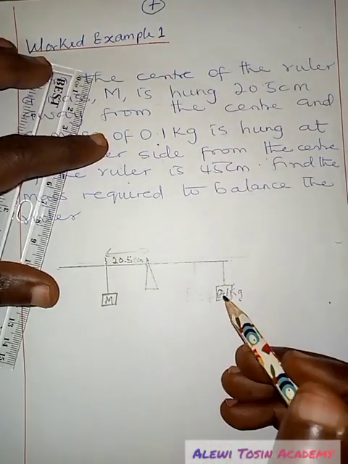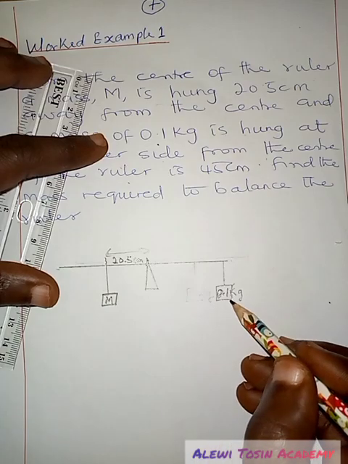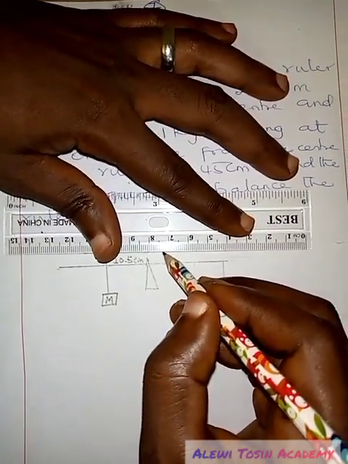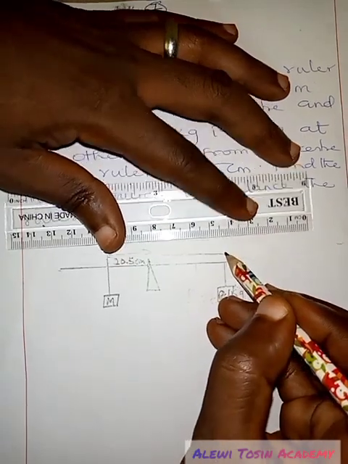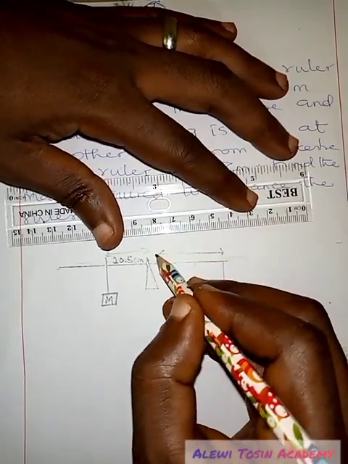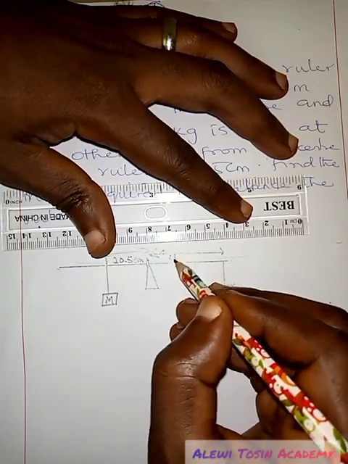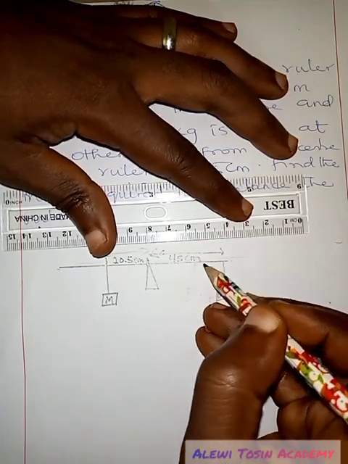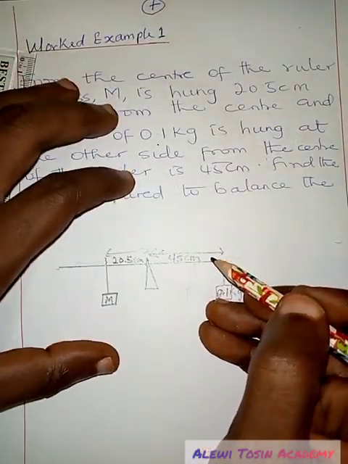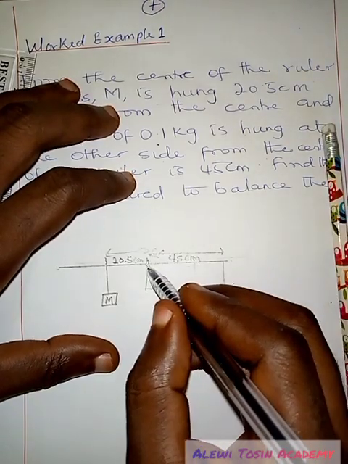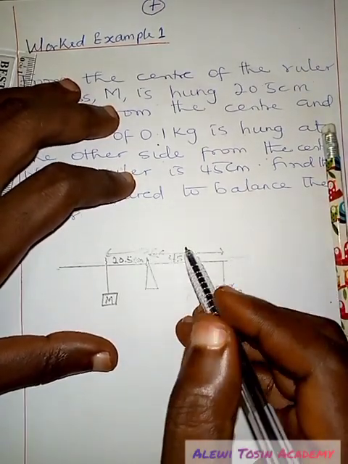So 45 centimeter will need to be extended this way, because this part now is 45 centimeters from the center of the ruler.